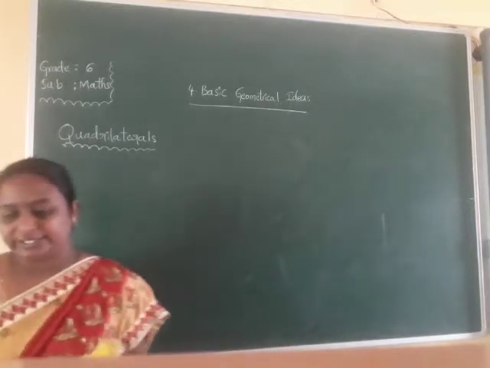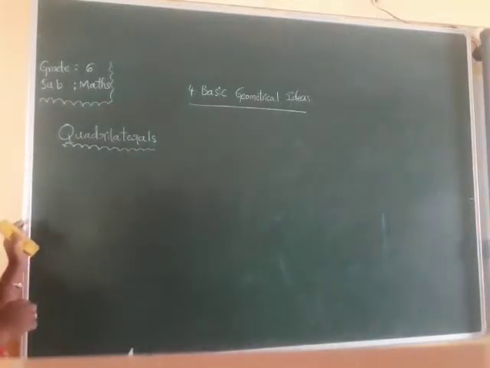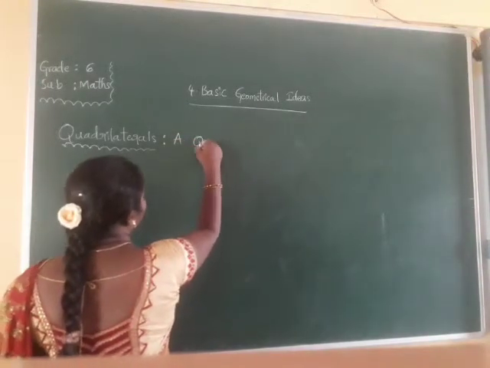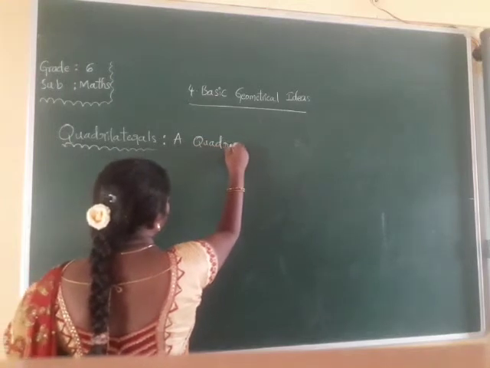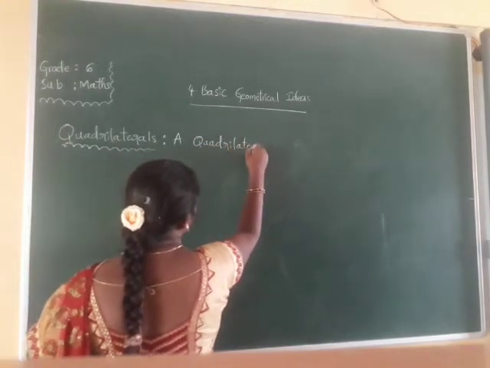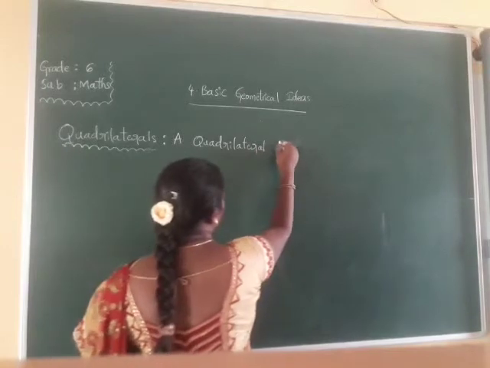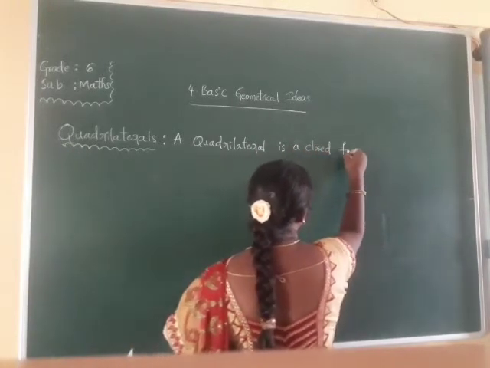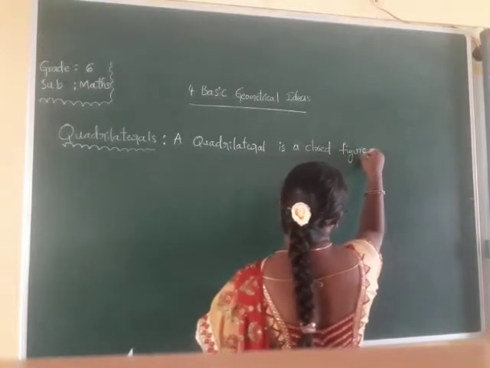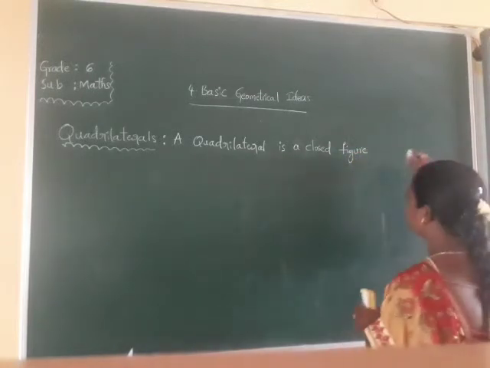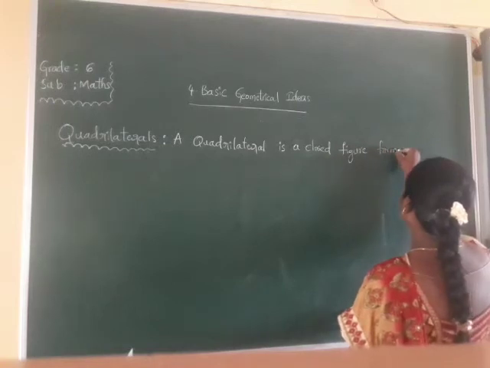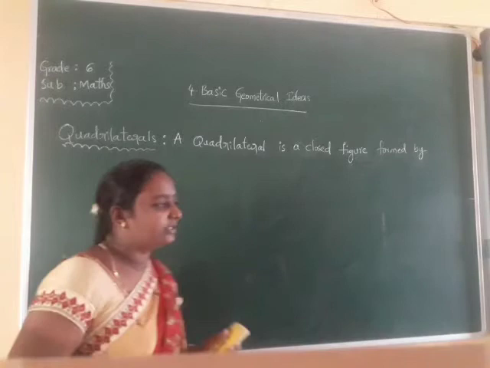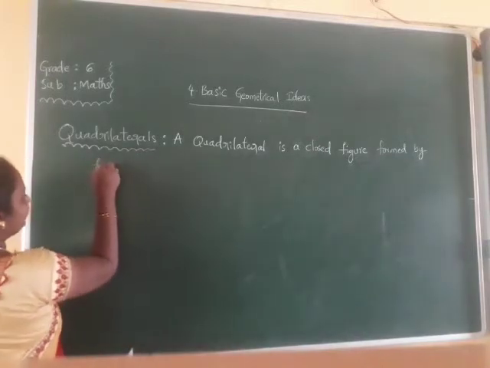Now write the definition of a quadrilateral. A quadrilateral is a closed figure formed by four line segments.